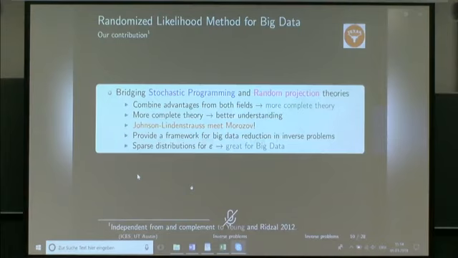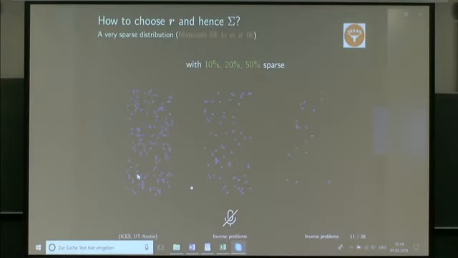Okay, so let me show you. The thing that I haven't mentioned to you is the random vector. Remember that as soon as the random vectors have mean 0 and covariance identity, then the method will work. And it turns out that there are many sparse random distributions. What I show you in three figures here, on the left, is a 10% sparse random matrix sigma, the middle one is 20%, and the last one is 50% sparse.